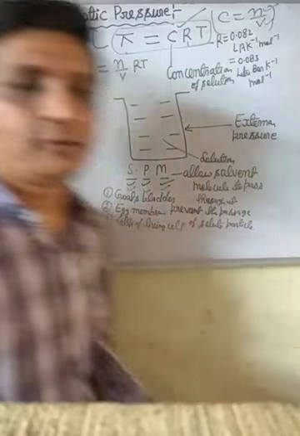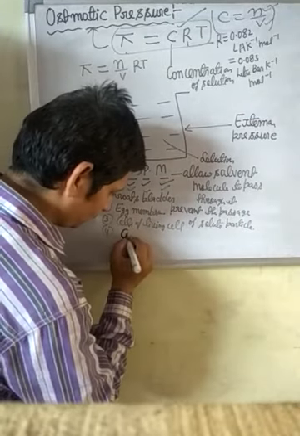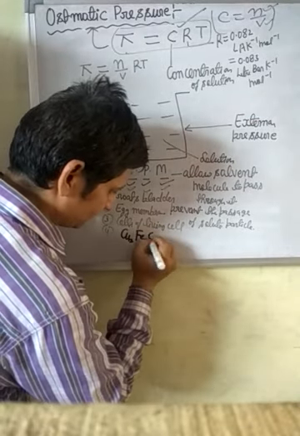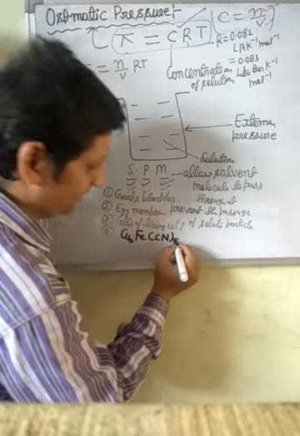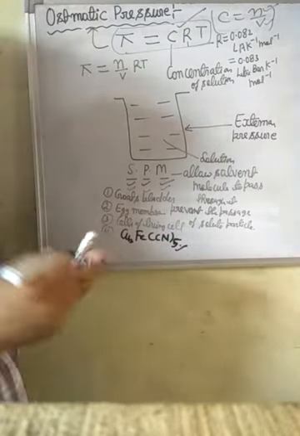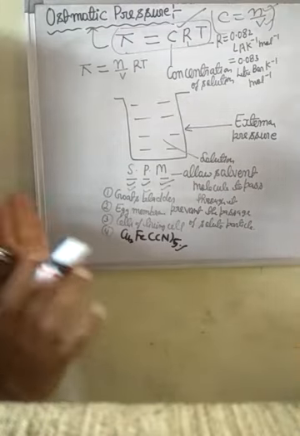Formula of cupric ferrocyanide is Cu2Fe(CN)6. This is cupric ferrocyanide. Student, I hope that you can understand it.